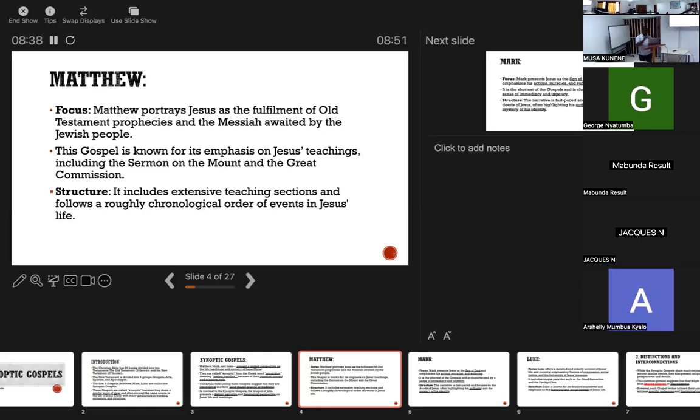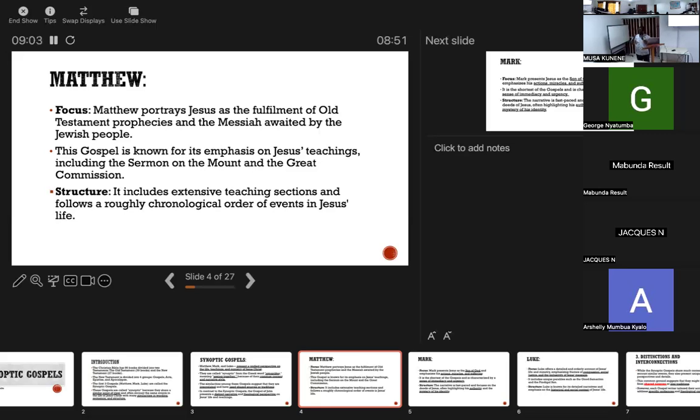Matthew portrays Jesus as the fulfillment of the Old Testament prophecies and the long-awaited Messiah of the Jewish people. That is what Matthew tends to be concerned about.